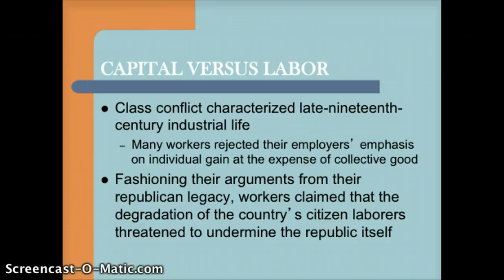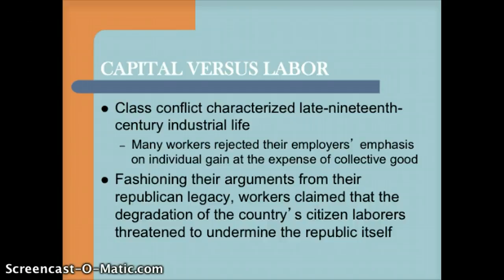It's that the working conditions and the economic earnings are not equal. Notice also that this statement calls workers citizen laborers, and that they are political participants as well as wage-earning workers. Now, does that degradation threaten the Republic?